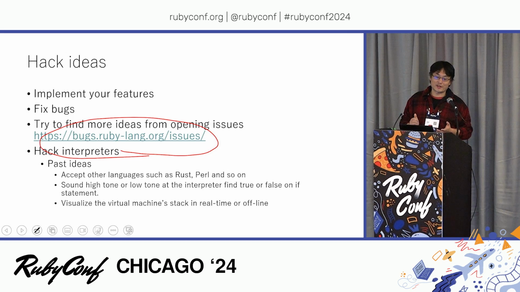Another weird idea is to modify the virtual machine so that it sounds a high tone, pong, when an if statement's condition is true, and a low tone, boom, when the condition is false. Then the program will sound like strange music.